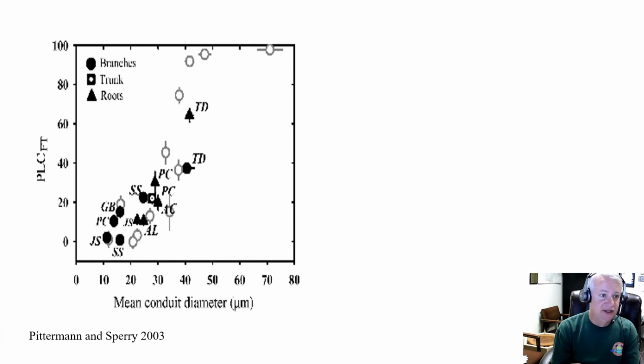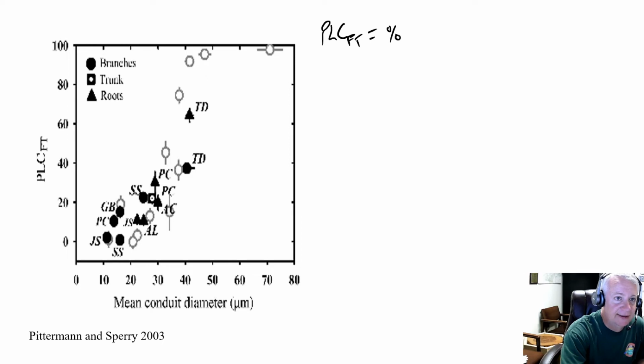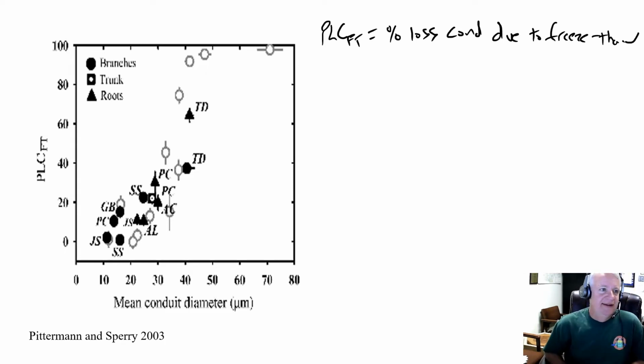So the data shows that, where this shows on the y-axis, this is the percent loss of conductivity. So PLC FT equals percent loss of conductivity due to freeze-thaw. Okay, neat abbreviation there, PLCFT, where obviously 100% is a greater loss of conductivity versus conduit size.